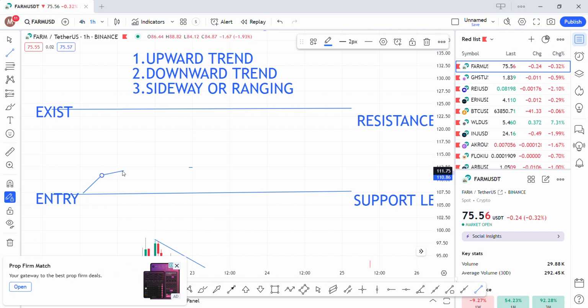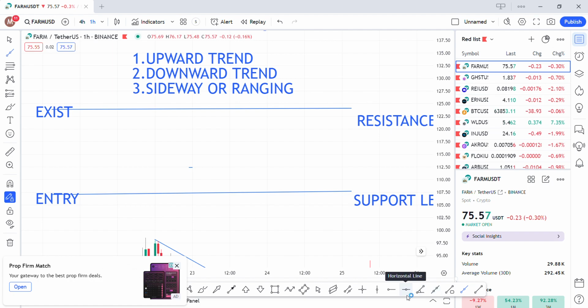Maybe let me use another line. This trend line is not helping the situation, so let me use ray. Sorry, I don't know why this is not functioning. Could that be extended line?